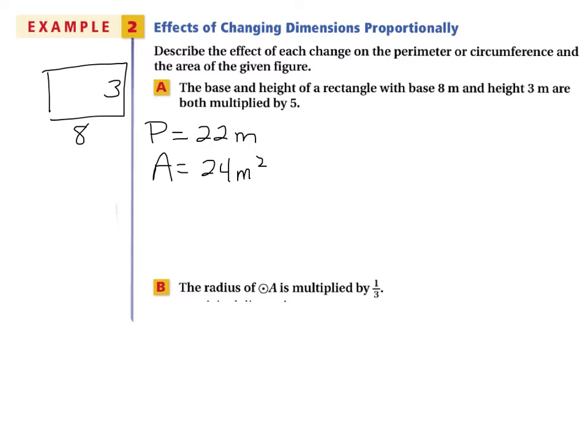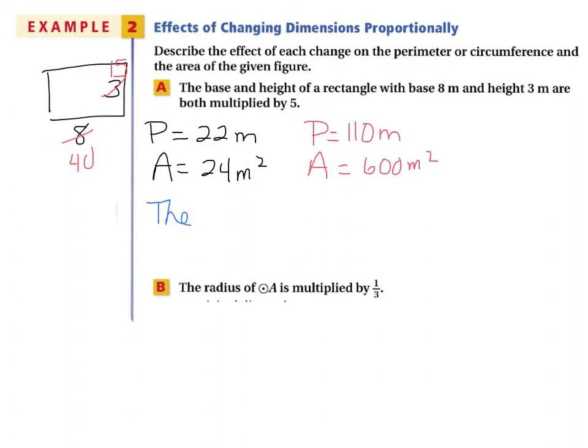What do you think? Well, if we multiply them by 5, that gives us new values of 40 and 15. So that gives us a new perimeter of 110 meters and a new area of 600 square meters. So what do we know?